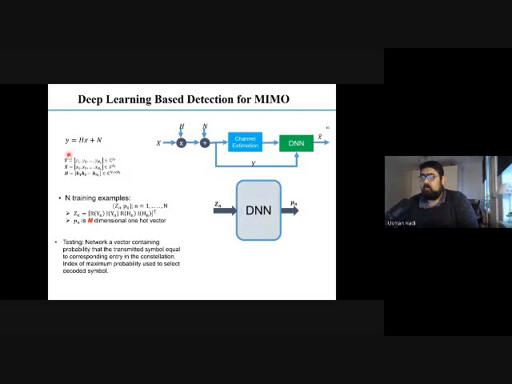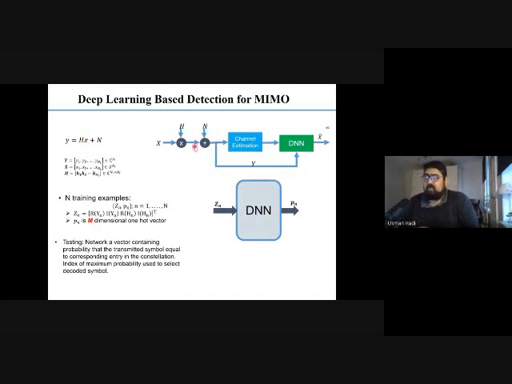So this is the overall structure of y equals Hx plus n: receiver, channel matrix, noise, and transmitted signal. We are not talking about fiber now. We are just talking about the wireless medium, isolating the received and transmitted signals to see how we can use deep learning here.